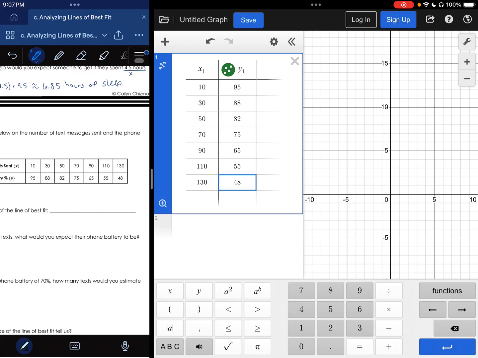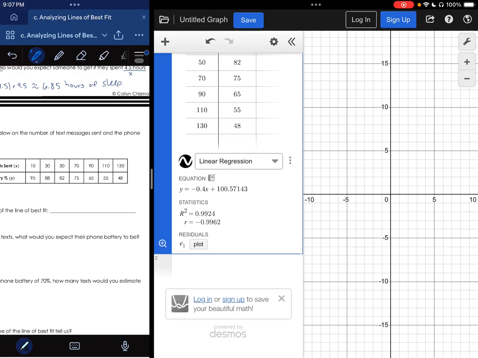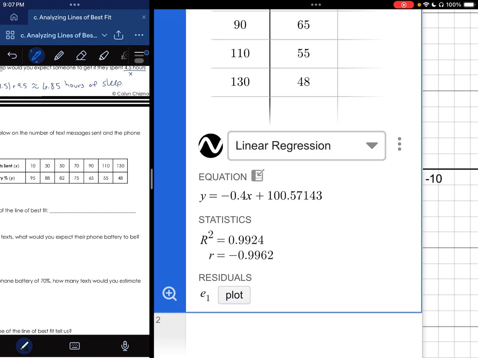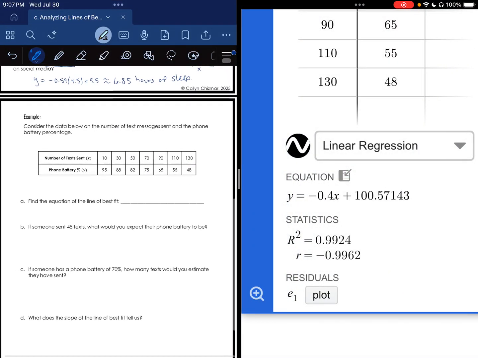See what's going on. So if someone sent 45 texts, right, so it says the X, what would you expect their phone battery to be, or what would the output be that you expect? So we would take Y is equal to negative 0.4 times 45, since we're putting that in for X, plus 100.57.